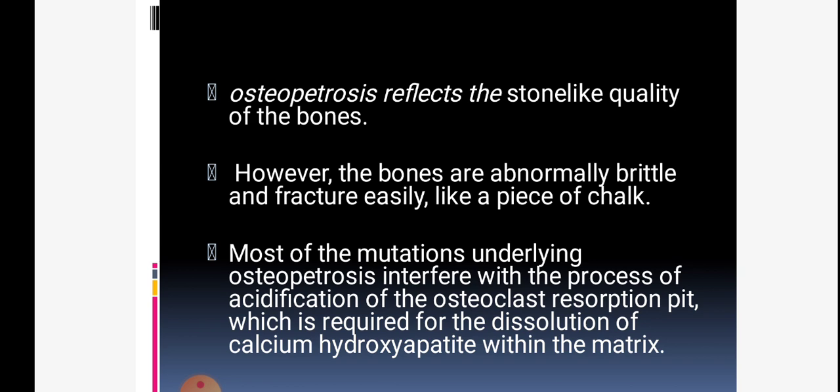However, the bones are abnormally brittle and fracture easily like a piece of chalk. Most of the mutations underlying osteopetrosis interfere with the process of acidification of the osteoclast resorption pit, which is required for the dissolution of calcium hydroxyapatite within the matrix.